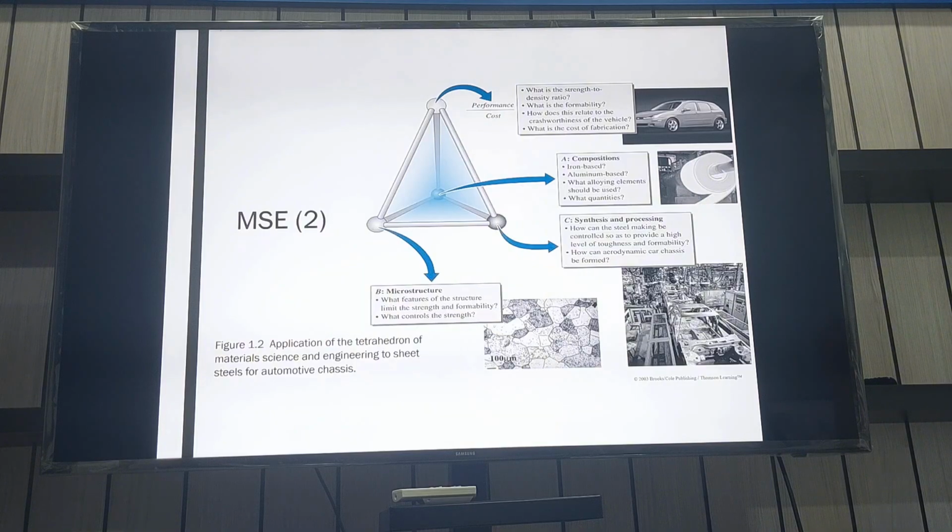If you have money and you want to make an automobile manufacturing, what type of car do you want to produce nowadays, based on strength to density ratio?